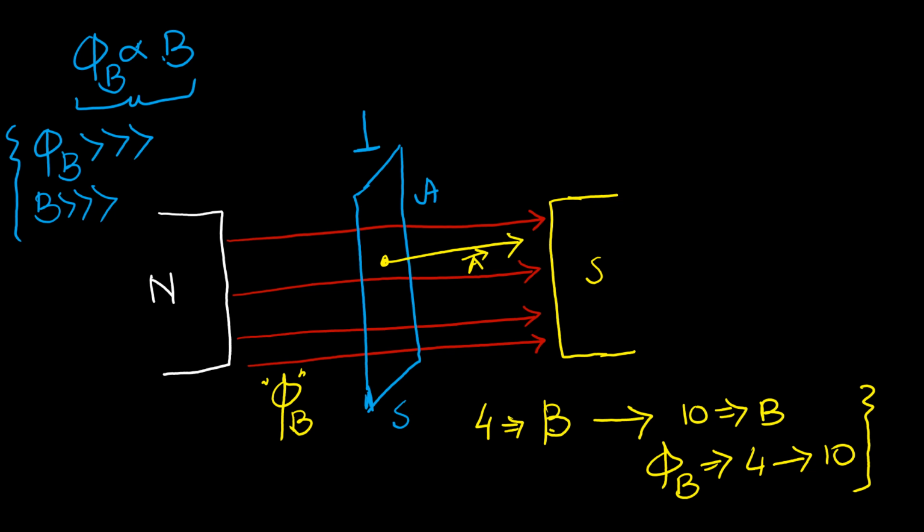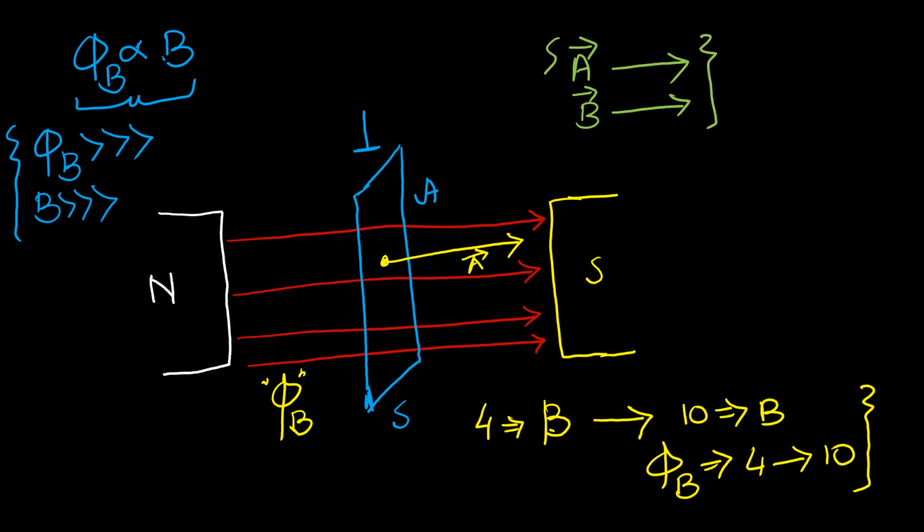This means that a surface which is perpendicular to the magnetic field lines has an area vector that is parallel to the magnetic field lines.